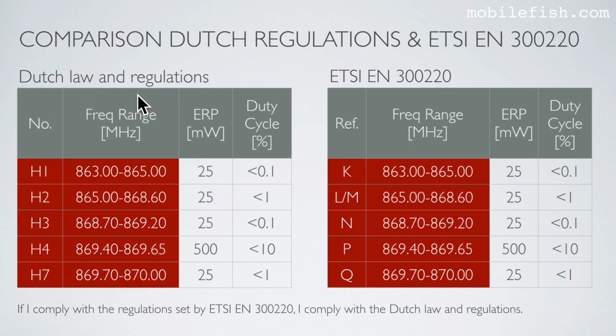In this table, you can find the Dutch law and regulations with regard to this frequency range. And in this table, you can find the ETSI 300220 standard with regard to these frequency ranges. The frequency range, ERP, and duty cycles are the same, which means if I comply with the ETSI standard, I also comply with the Dutch law and regulations with regard to these frequencies.